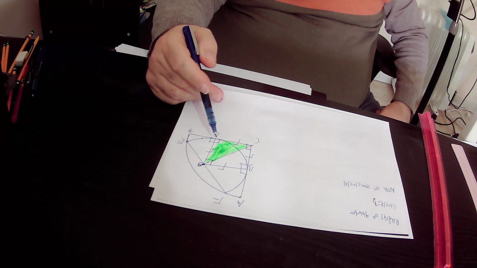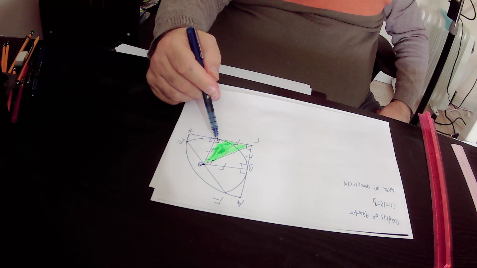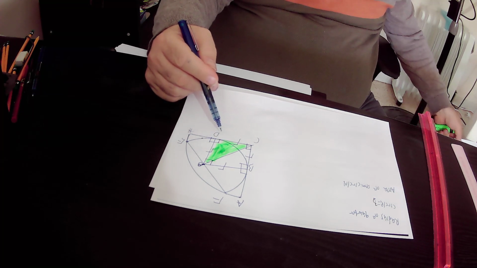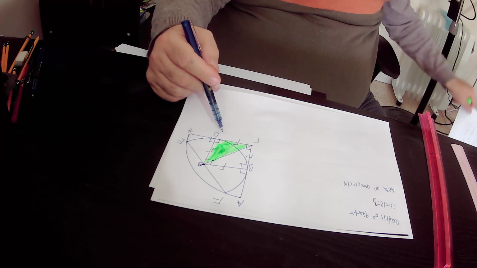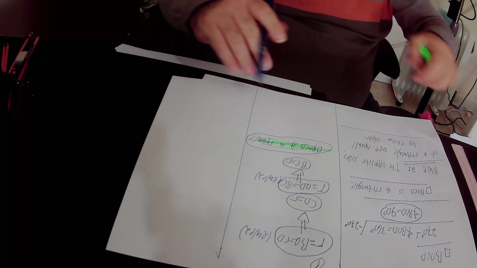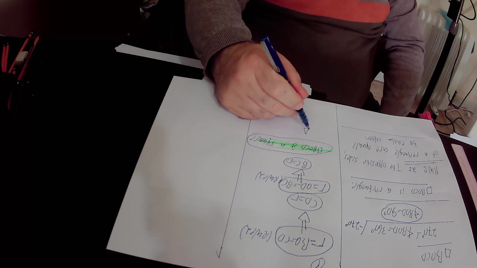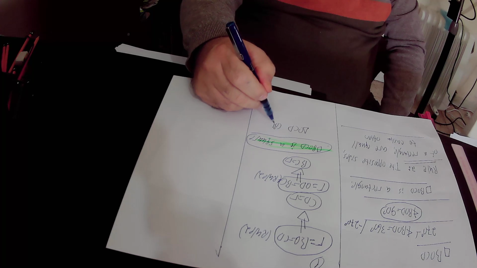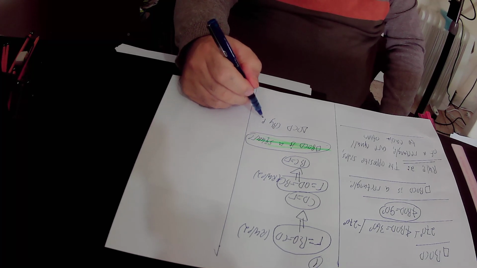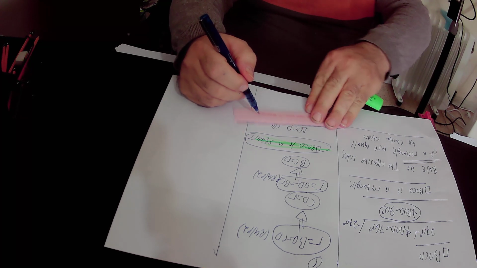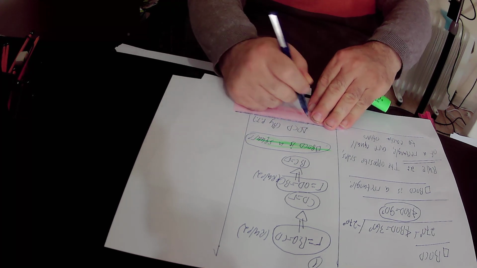So here, according to the Pythagoras theorem, in the green right triangle OCD, PT is the abbreviation for Pythagoras theorem, the square of the hypotenuse equals the sum of the squares of the perpendiculars.